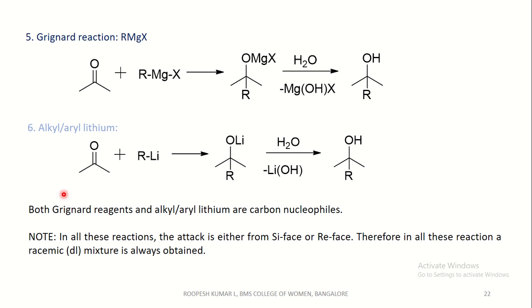And coming to the alkyl or aryl lithium, which is also called organolithium, this is a structure of an organolithium, which reacts with acetone to give a lithium alkoxide. This on quenching with water, we get a lithium salt which goes into the water layer, and the corresponding alcohol. Both these Grignard reagents as well as organolithiums are carbon nucleophiles.